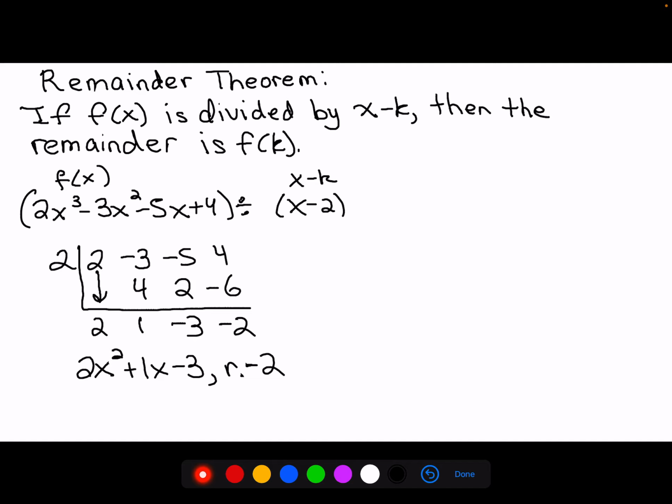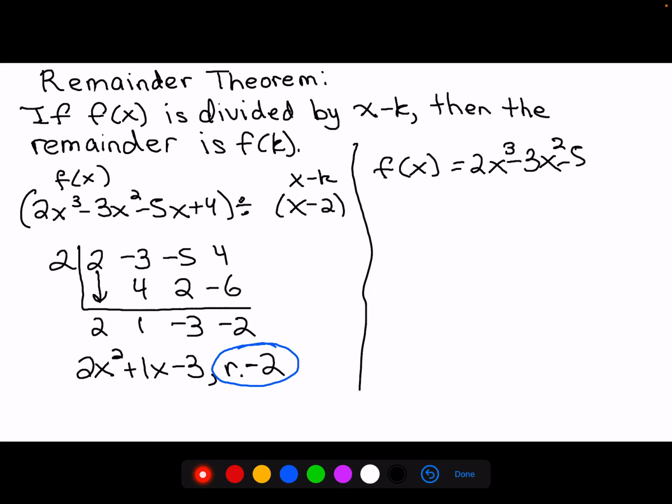So the remainder theorem has to do with the remainder, hence the name. What it's saying is you can do the division to find the remainder, but another way to do this is to take your f of x, which is the 2x cubed minus 3x squared minus 5x plus 4, and evaluate f at 2, the k.